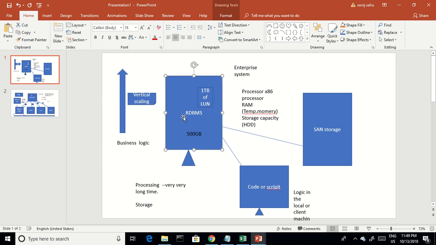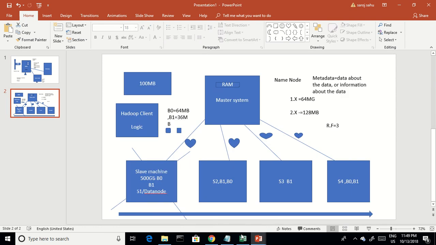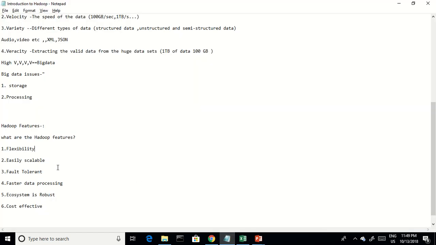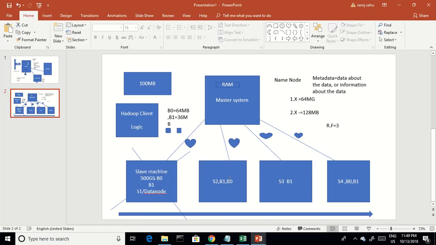Traditional systems follow vertical scaling, but here what is our point? Easily scalable. Here my cluster is in the running condition, and I conclude that my cluster needs some more capacity and more processing capacity to handle the situation and process the big data.